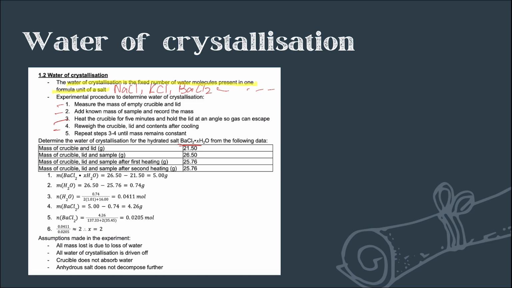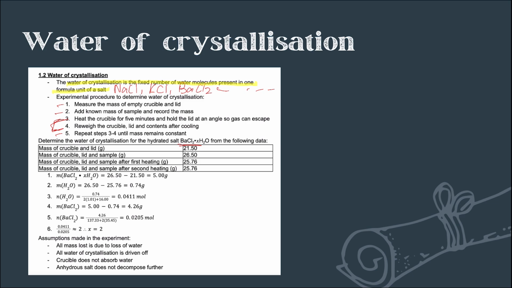Reweigh the crucible, lid, and the contents after cooling, and then repeat steps 3 and 4 until the mass remains constant. So basically, we're ensuring that all the water has evaporated off and converted into steam, and we're left with only the fully dehydrated sample.